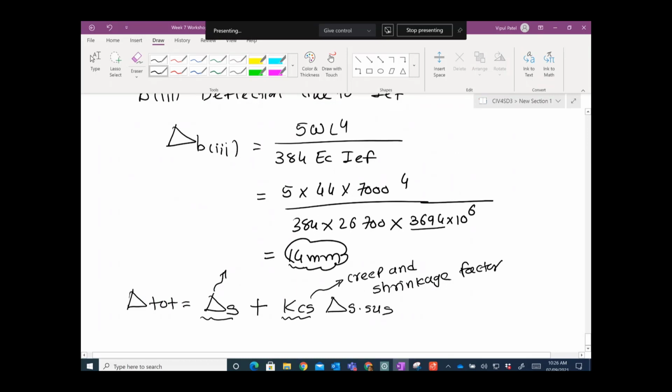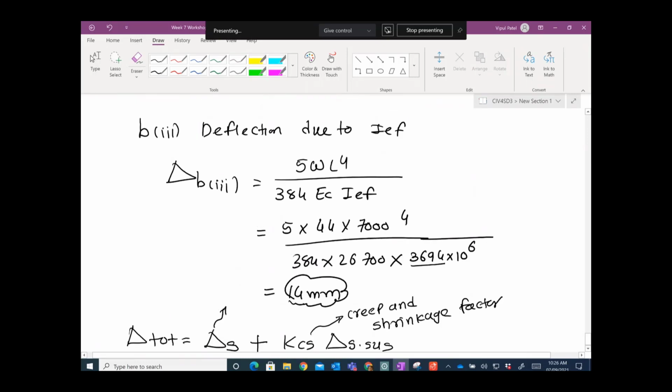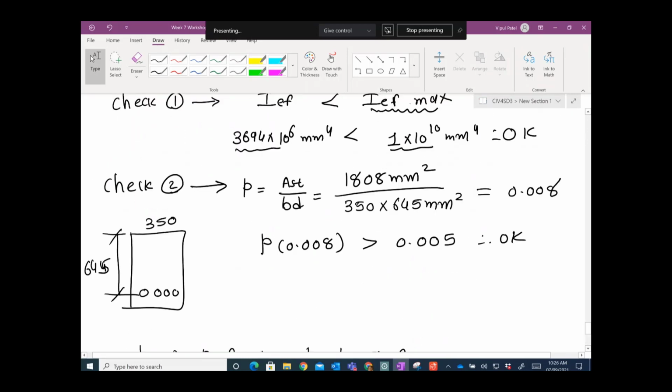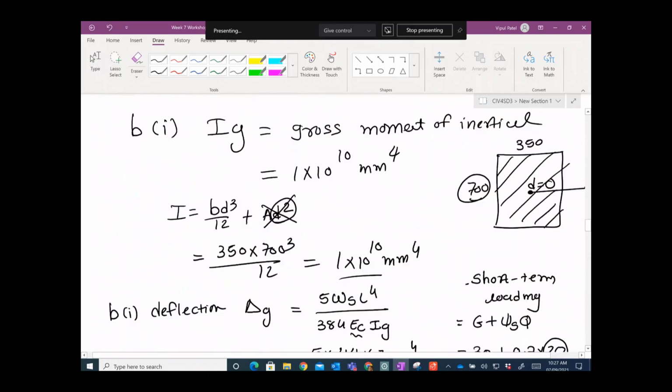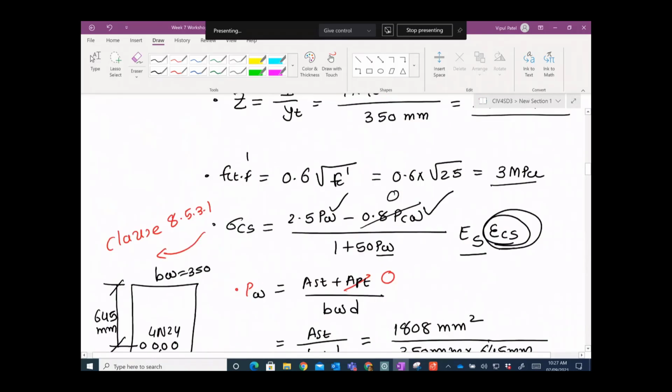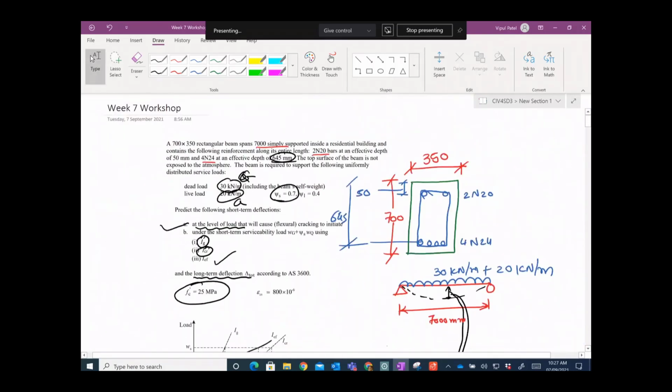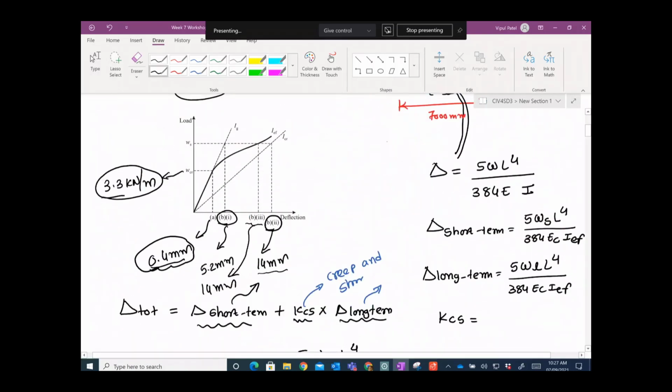Please note this is the I effective. You don't need to calculate again, because there are a lot of deflections that you have obtained. Someone might say you have obtained a lot of deflections: you have 0.04, you have 5.2, you have 14 millimeters, you have 14 millimeters here. Which one should I use for the short term?